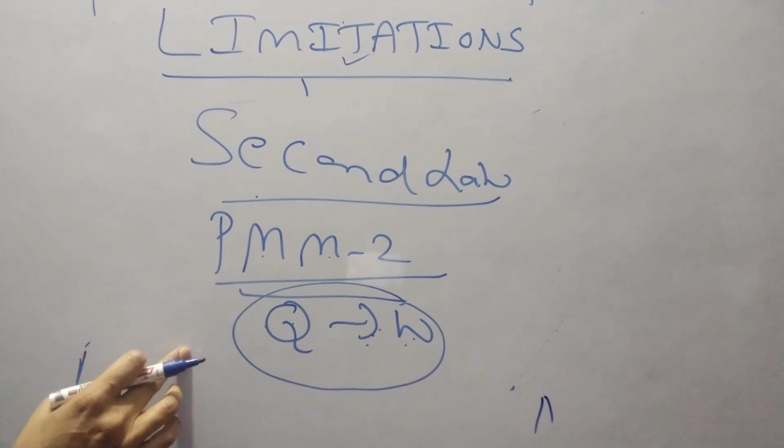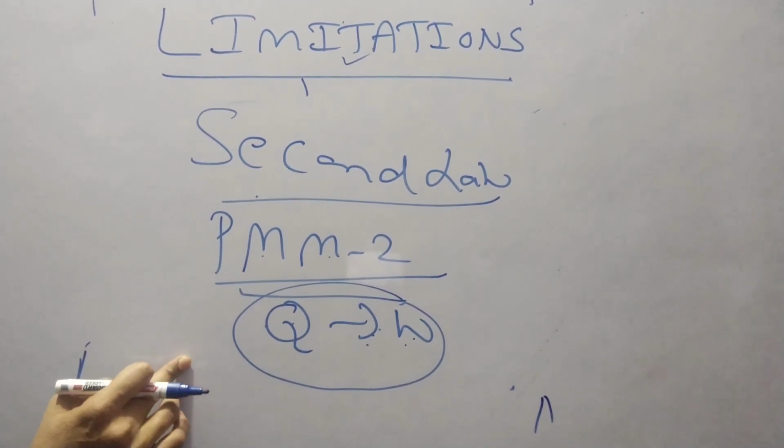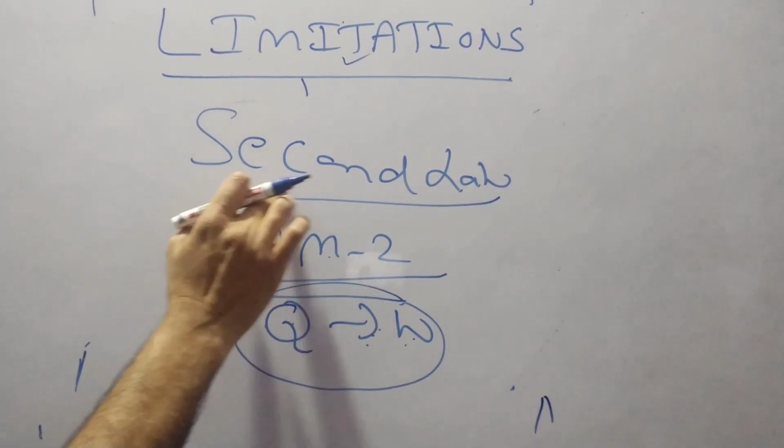For example, if a steam power plant is working without a condenser, it is violating the second law of thermodynamics.